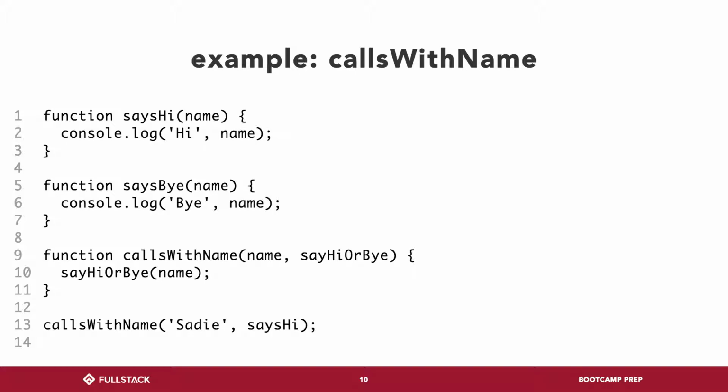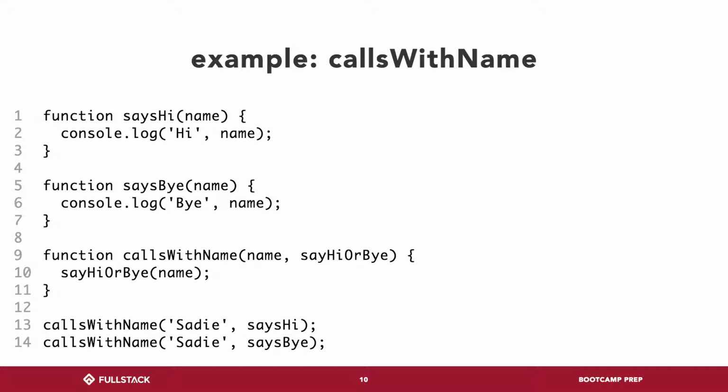The function on line 9 also takes a name, but in addition to a name, it takes a function, say hi or bye. And we know it takes a function because its behavior is to invoke say hi or bye with the name that we give it. So if we do calls with name Sadie and says hi, what we're actually doing is telling the function calls with name to invoke the function says hi with the parameter Sadie.